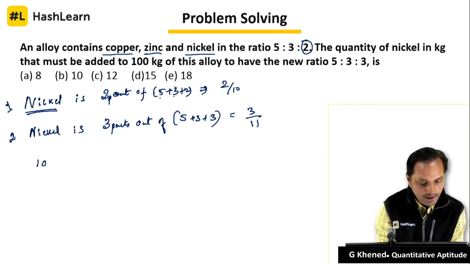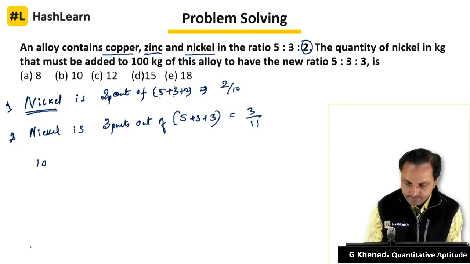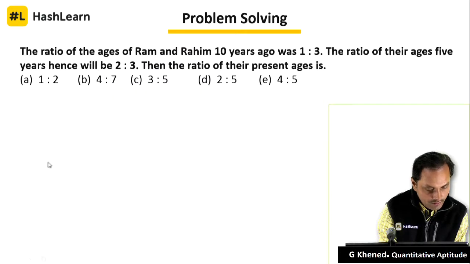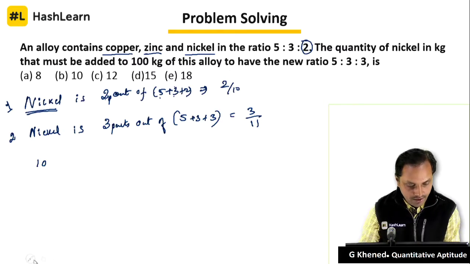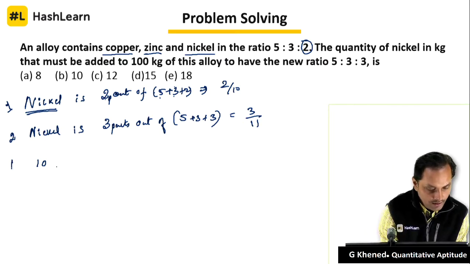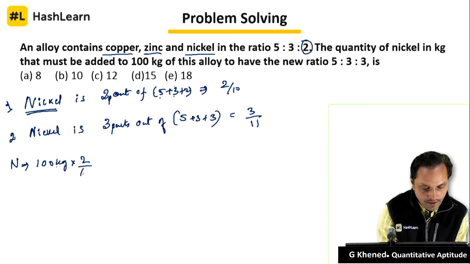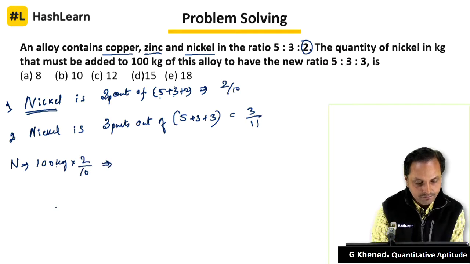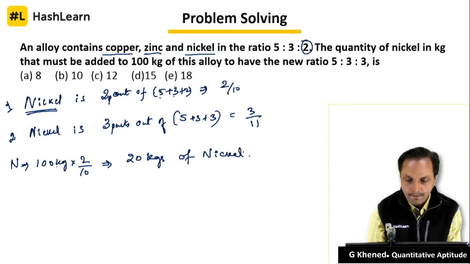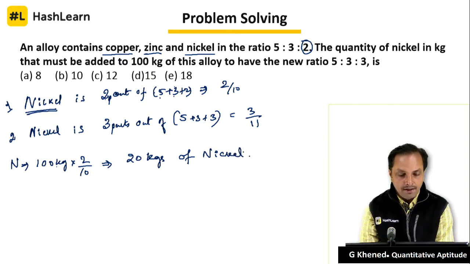For 100 kg initially, your nickel is 100 kg into 2 out of 10. So what does that give you? It cancels. So you have 20 kgs of nickel.